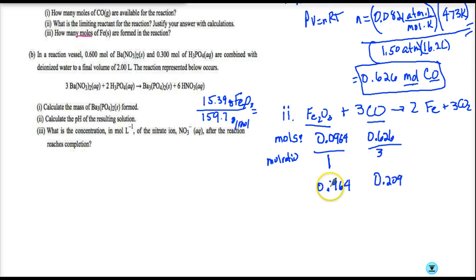From this, you pick your limiting reactant, the least. That's it. So this is your limiting reactant. It is going to run out before this one does. That's because I divided each number of moles by their own coefficient. Now that you've done that, you have identified the limiting reactant.